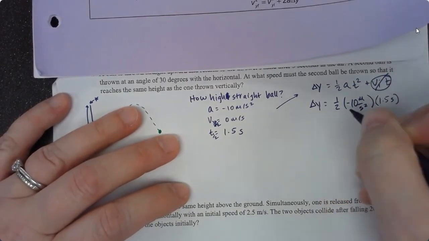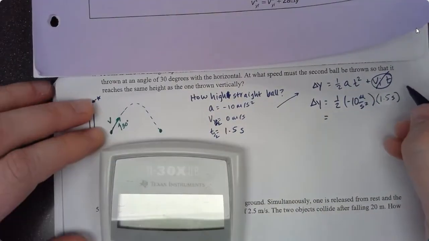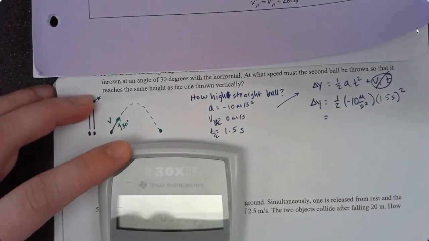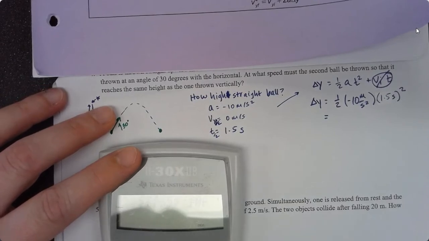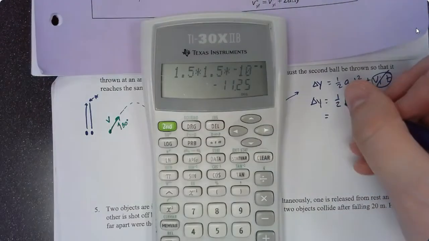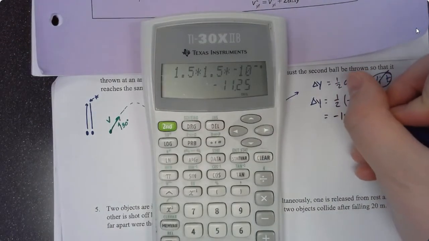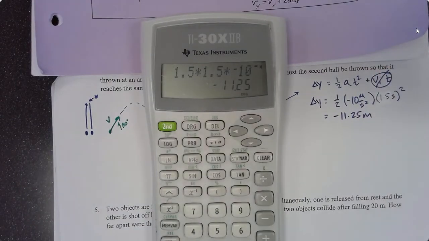You had to let it dry, wave it. It's terrible. And that has to be squared. So we're going to do 1.5 times 1.5 times minus 10 times 0.5. So our change in height here, I got minus 11.25, which makes sense because we were calculating it for when it was falling, when it was moving downward.